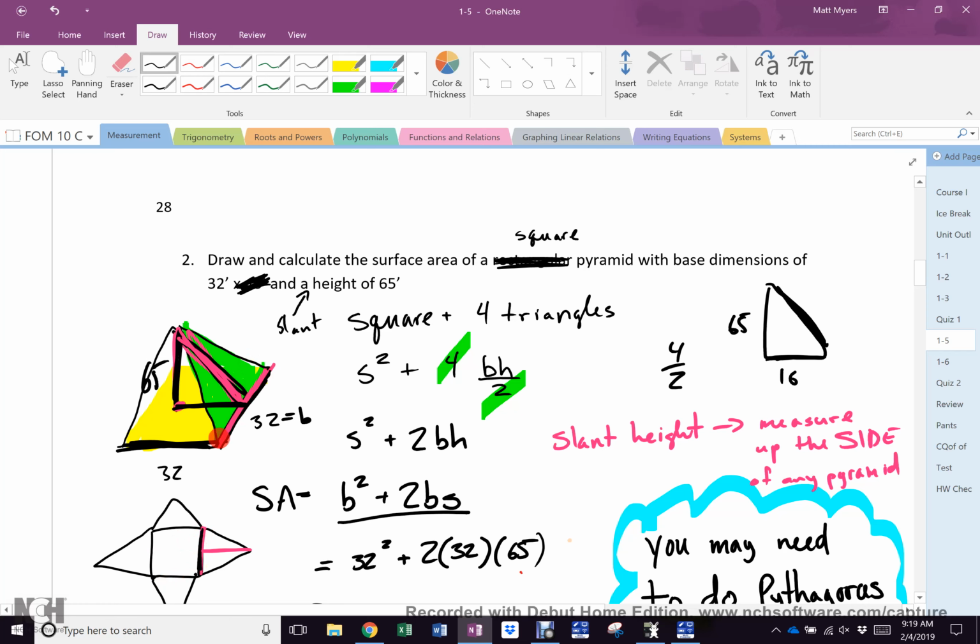So to make the formula look easier, so we can just write B and B, we make it the same letter. The problem with formulas is you all want to jump right to the formula and go. But when I give this formula, if I don't explain this, too many of you say this is 32 times 32, and then you square that answer, because you think it's base squared, squared. But it's not.